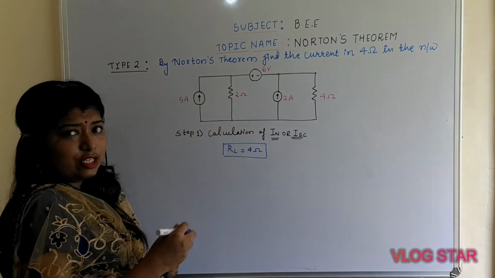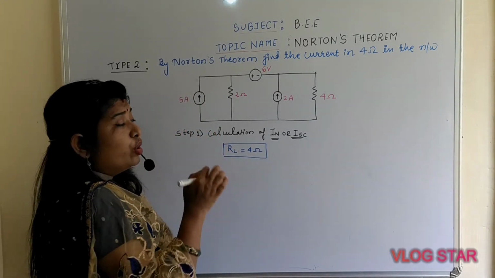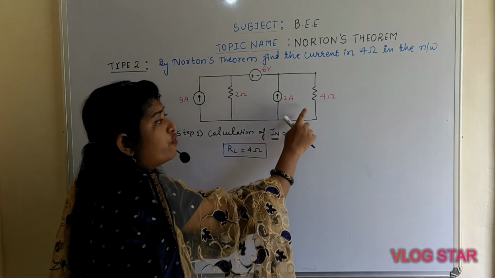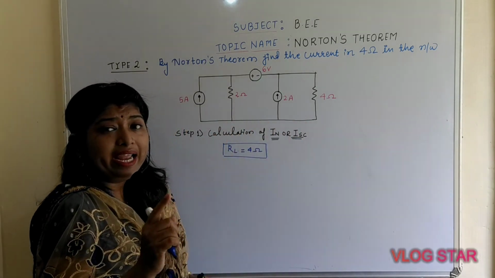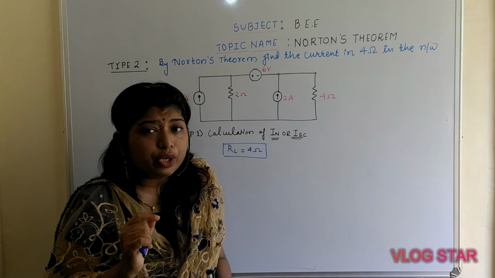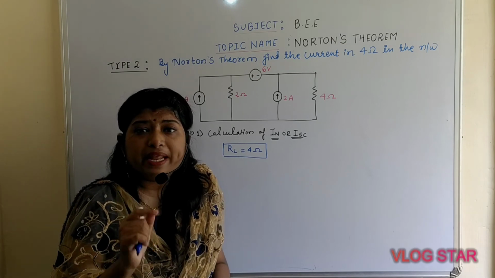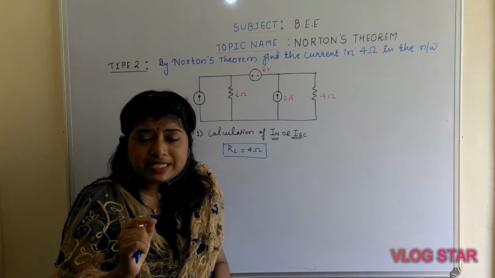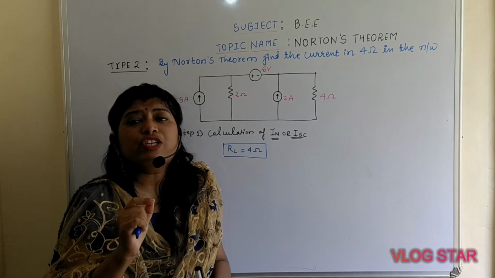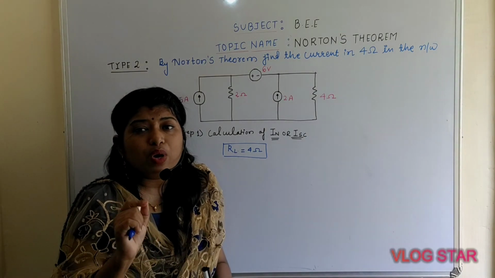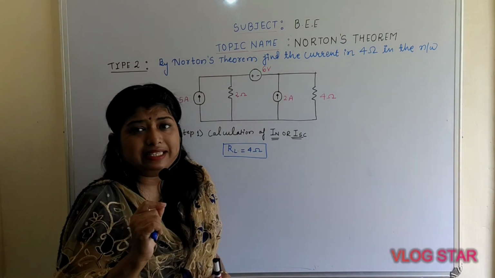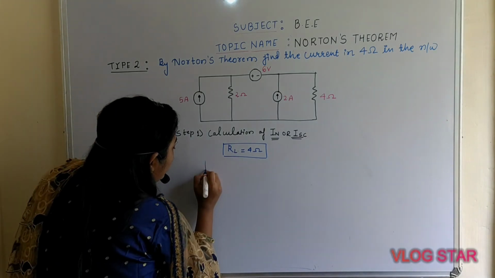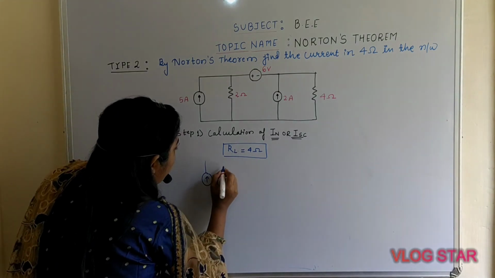Now, in the next case, to calculate IN, you have to replace the 4 ohm resistor by a short circuit. What you need to do? You have to replace the load resistor by a short circuit, and across that short terminal you have to assign IN, or we can say ISC. So again you need to draw the circuit diagram.